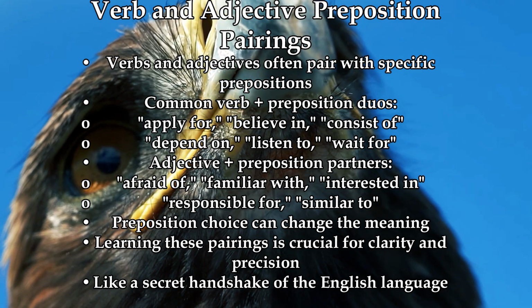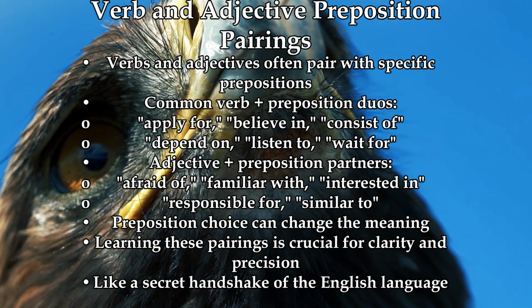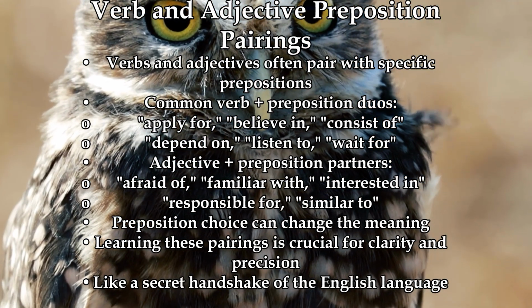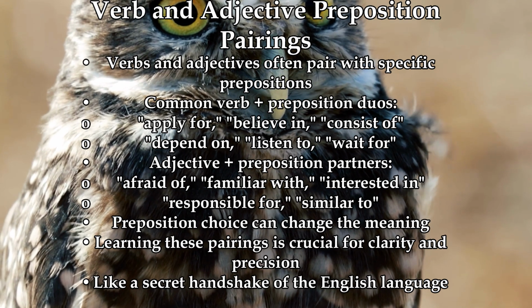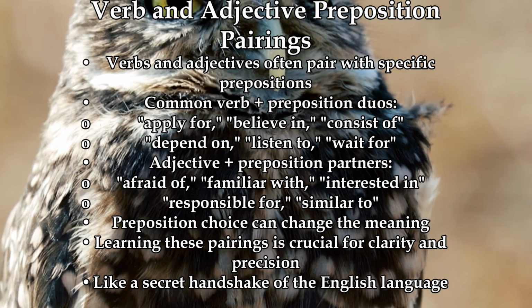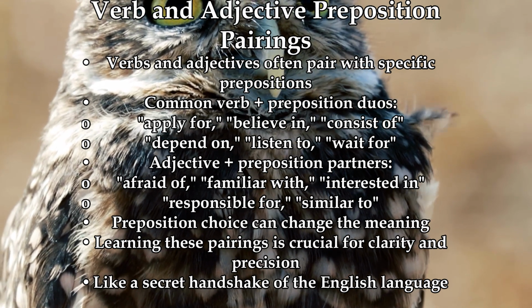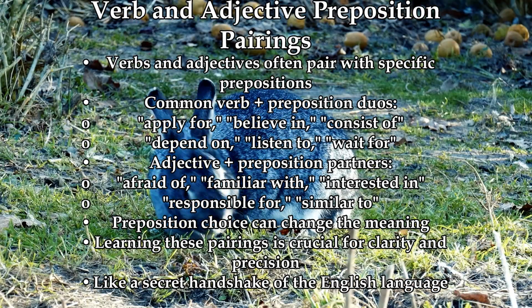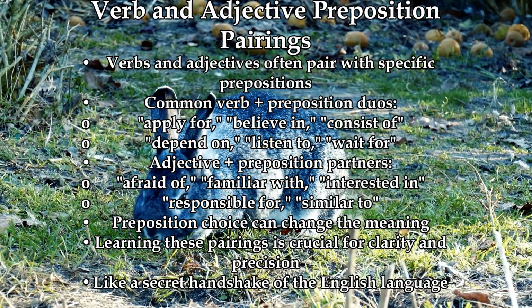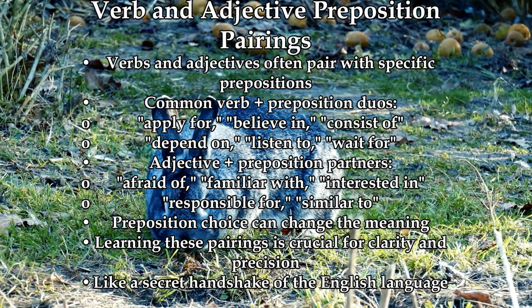That's why learning these combinations and using them accurately is so important. Think of these preposition pairings as the secret handshake of the English language. Once you know them, you'll be able to communicate with clarity and precision, impressing native speakers with your mastery of these linguistic duos.